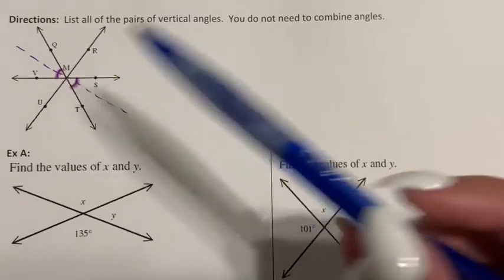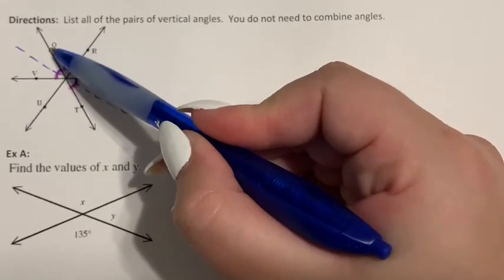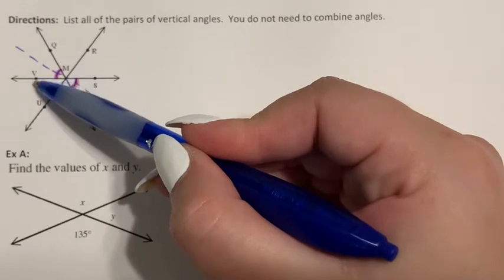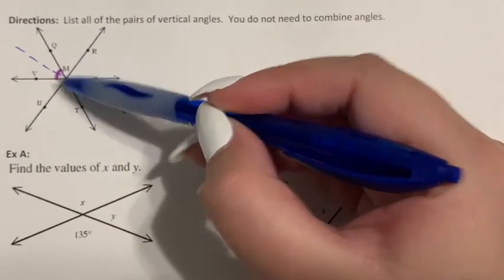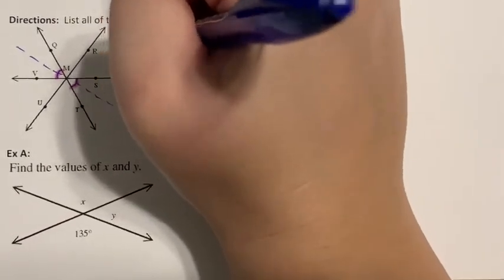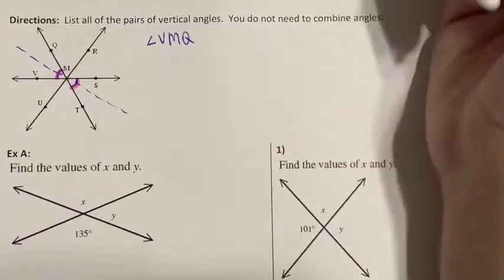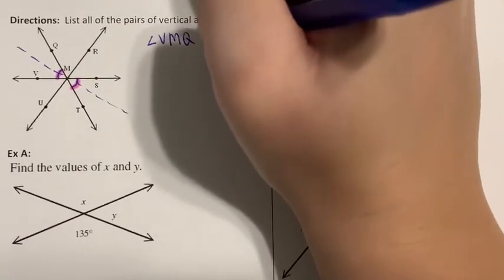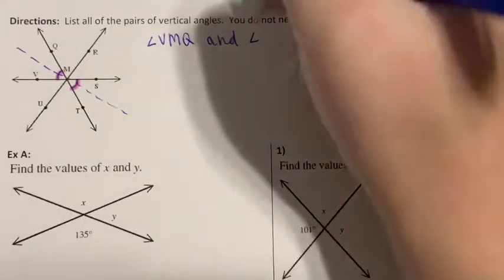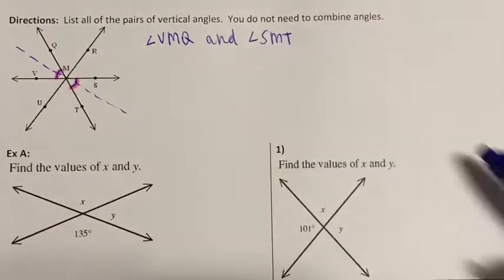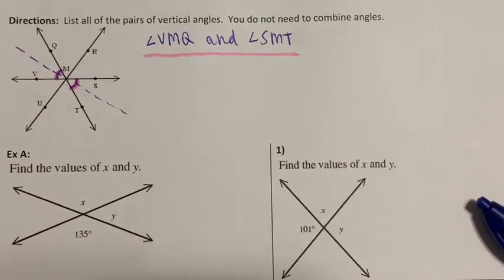If I'm trying to title this angle, I could call it VMQ, or I could call it QMV, but again, I have to use 3 letters, and M has to be in the middle because M is my vertex. So I'm going to call it angle VMQ, and the angle that it would be vertical to would be angle, let's say, SMT. These were the ones that I used one tick mark for and highlighted them in pink.